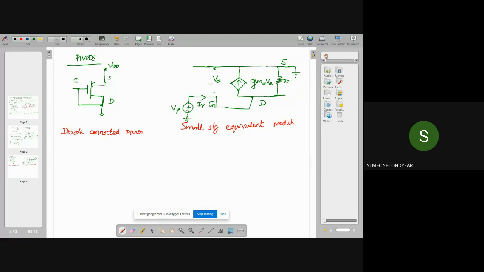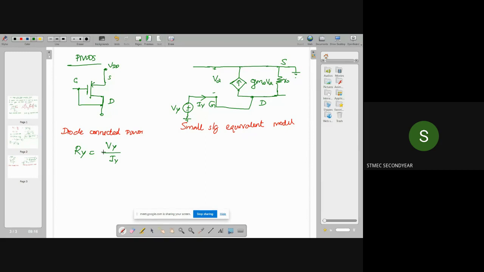Because of the polarity, that is why I am doing it like this. So this is Vy and Iy. Now we can calculate the effective resistance as Ry is equal to Vy divided by Iy.